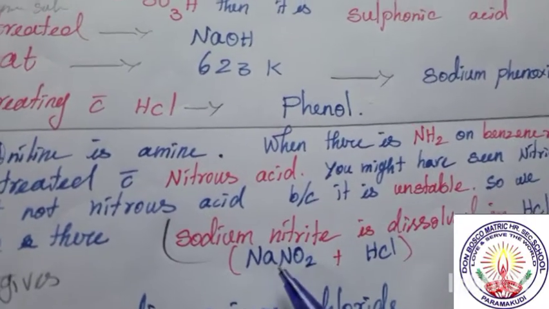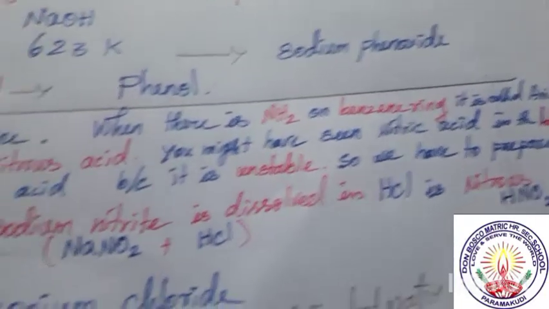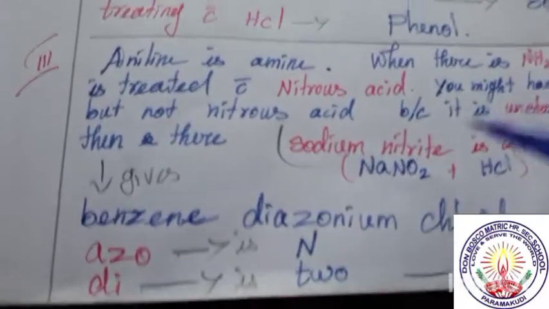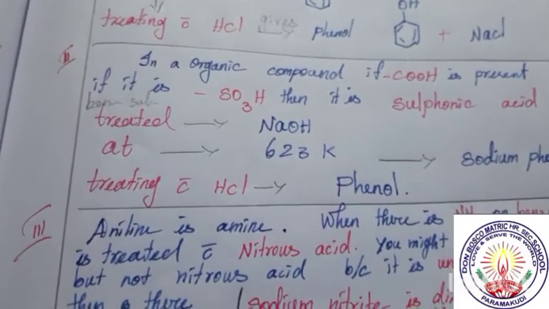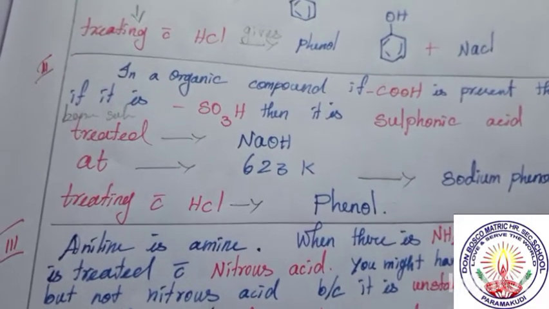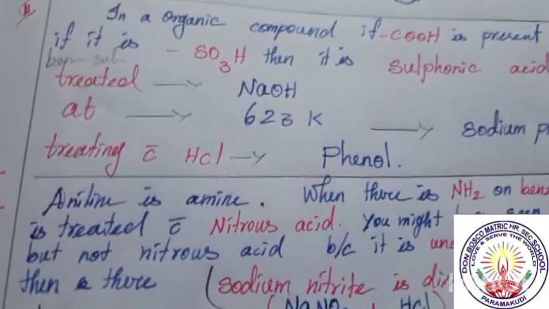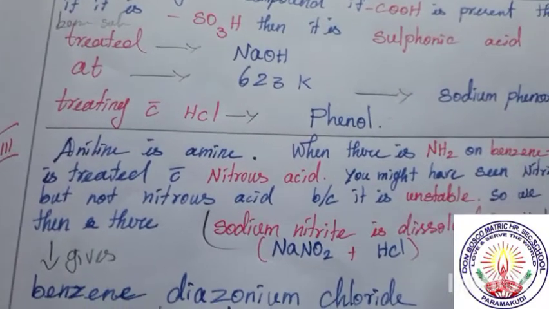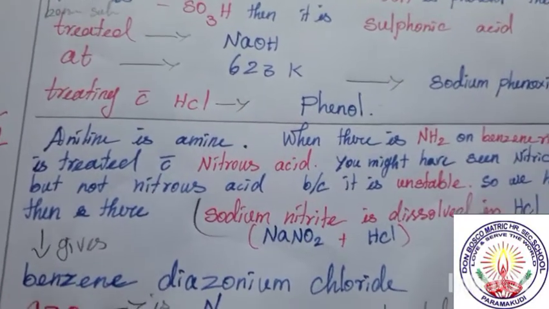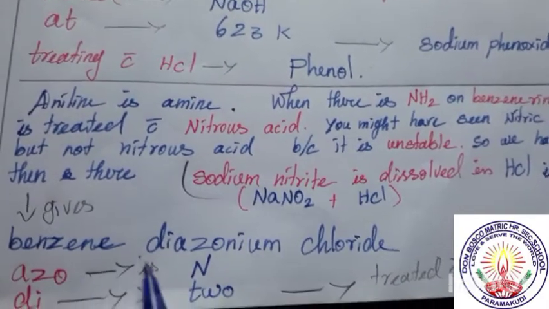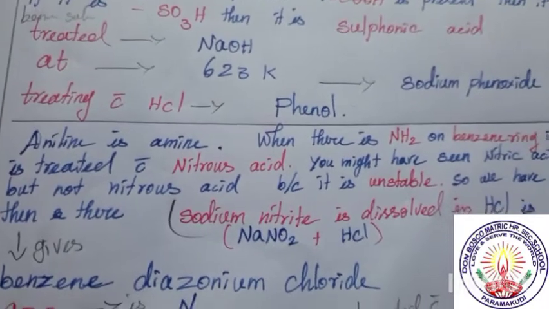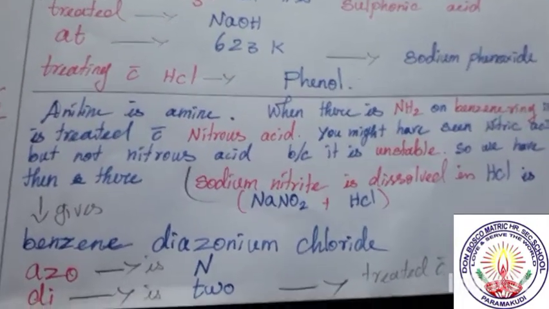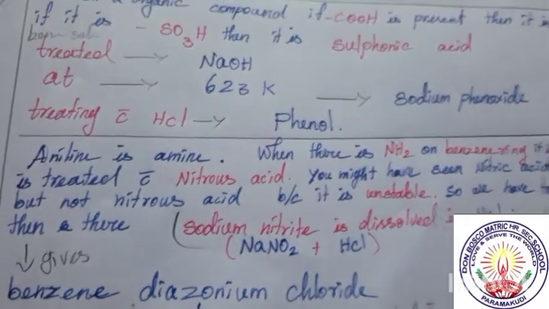So NaNO2 plus HCl gives HNO2, nitrous acid. When aniline is treated with nitrous acid, it gives benzene diazonium chloride. What is benzene diazonium chloride? Benzene, we know the structure of benzene, and azo is N, di is 2. So 2N we will be getting here, and this is treated with hot water.